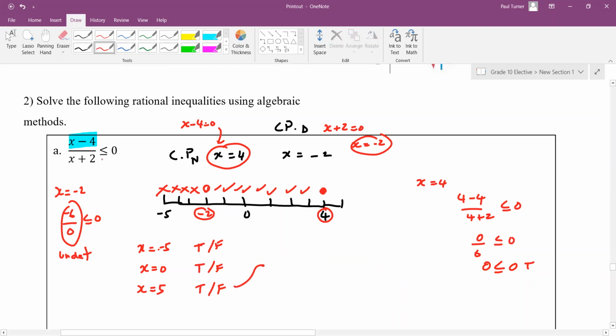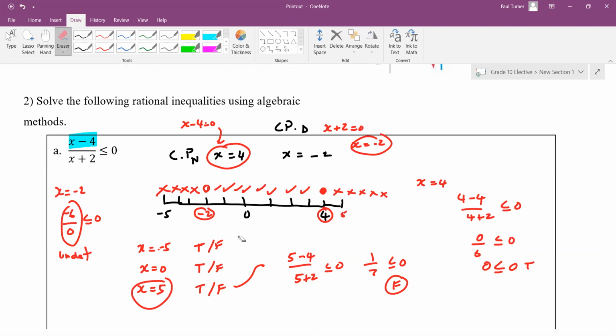So if x equals 5, so 5 minus 4, 5 plus 2, less than or equal to 0. 1 on 7, less than or equal to 0. Well, 1/7 is positive, so this is false, which means that this 5 here, this number is also false. And any number beyond there is going to be false.